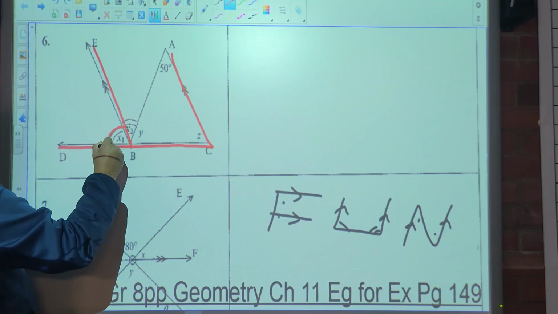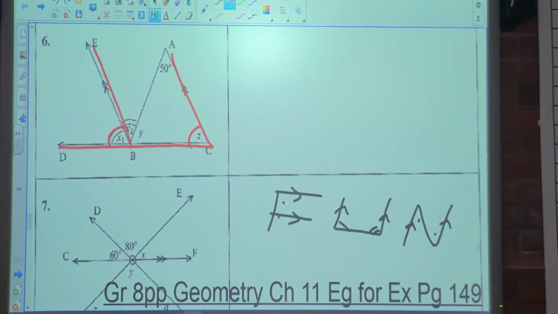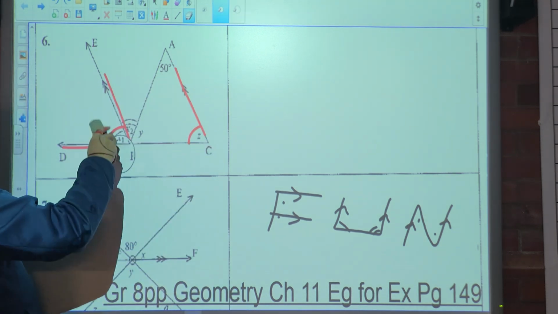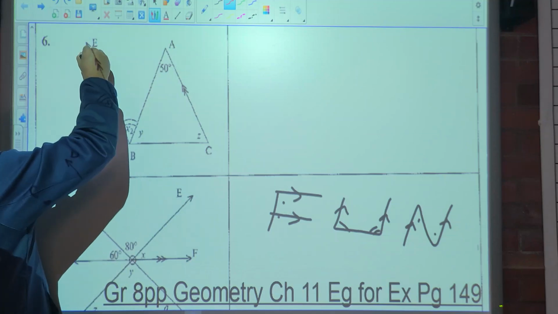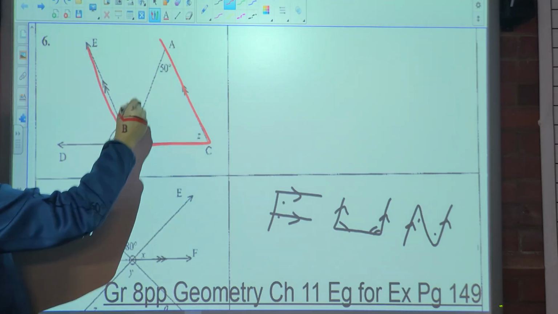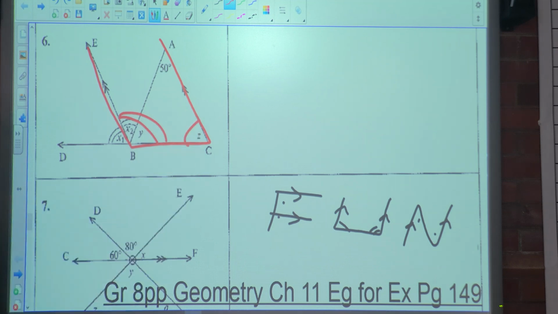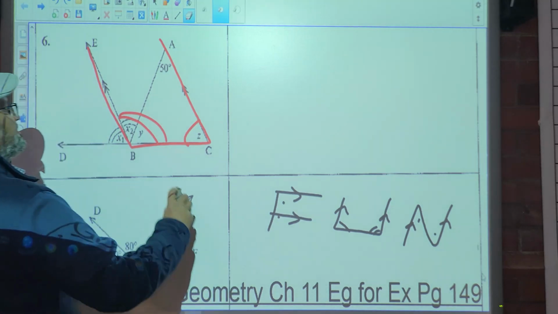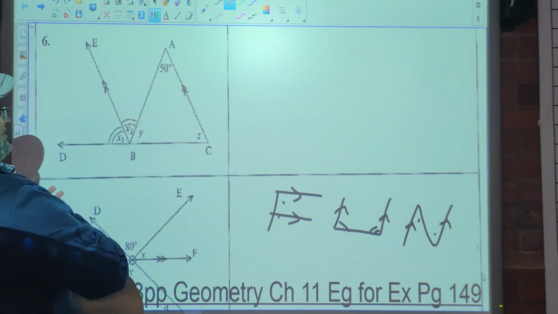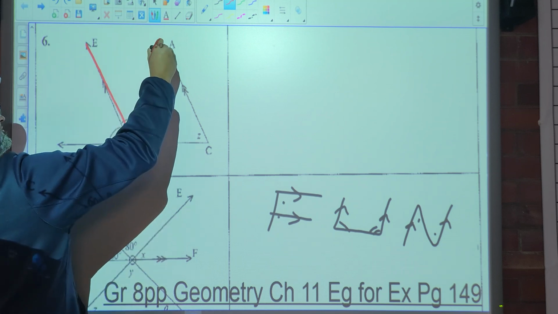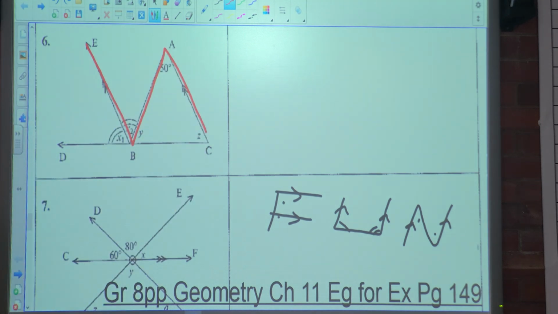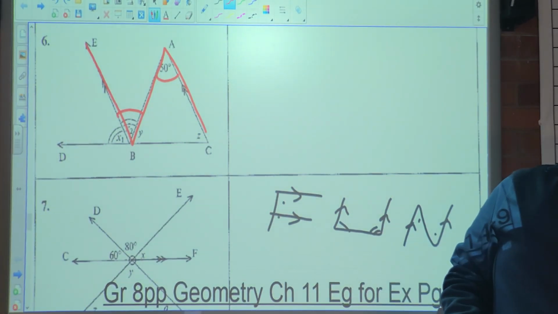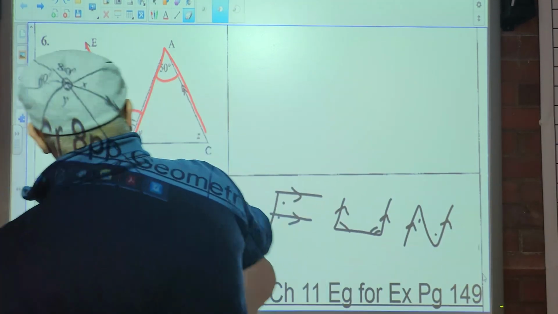Yes, but then x is equal to z. Nothing I can do with it. We can make the U, so this angle plus that angle is equal to 180, but you've got three unknowns there. Not going to help us. We can make the Z. That means x is equal to 50 degrees.